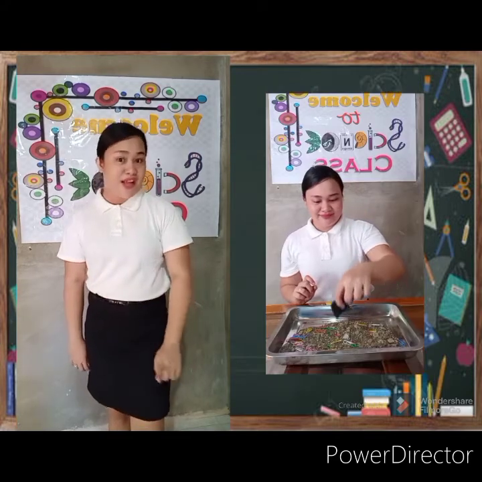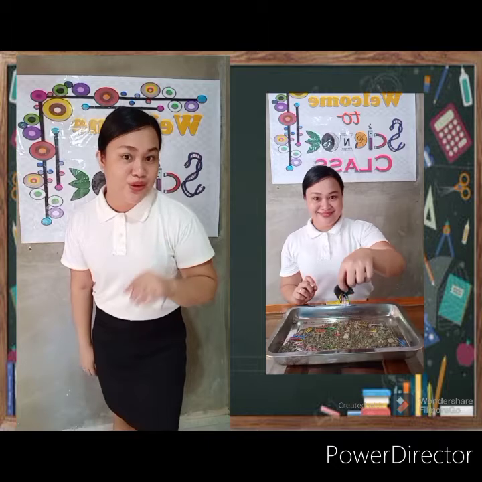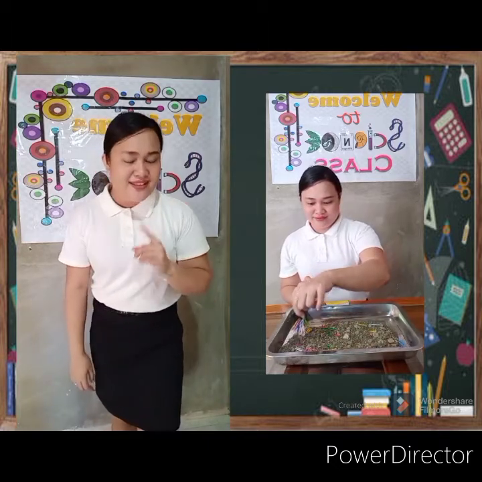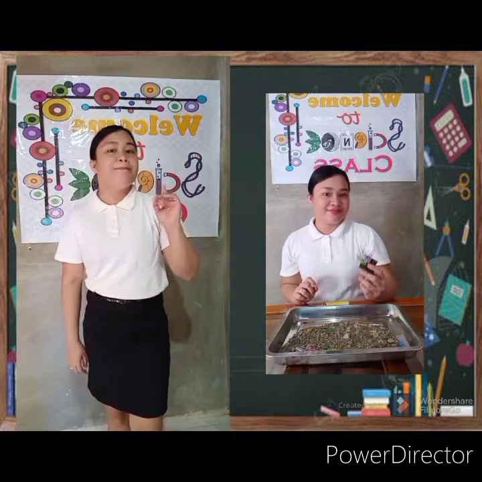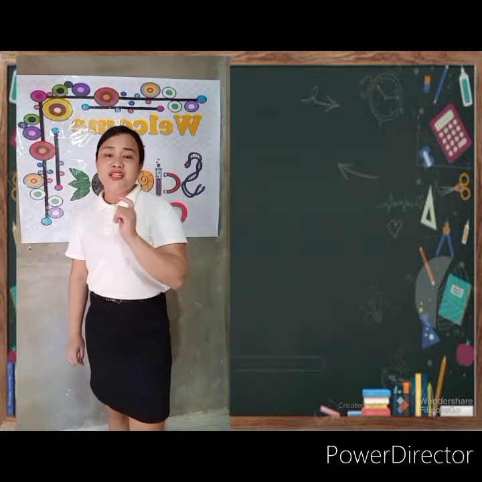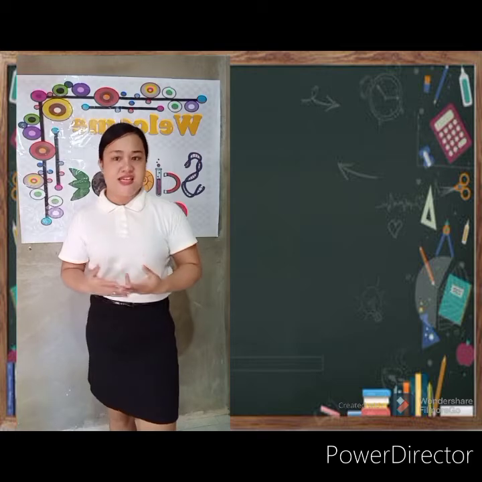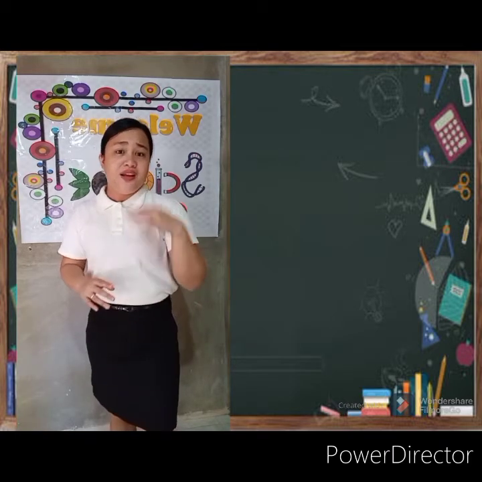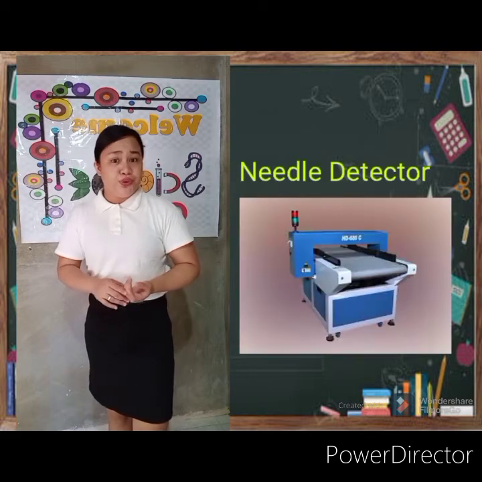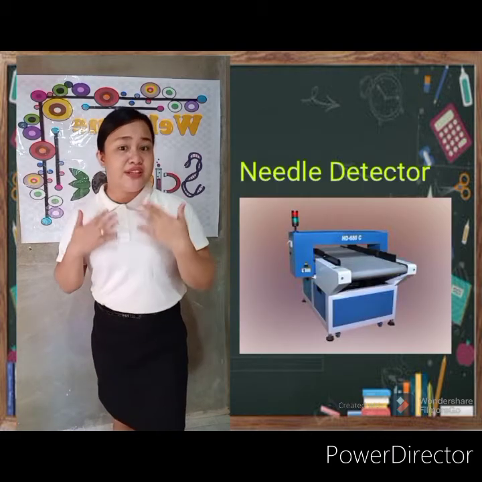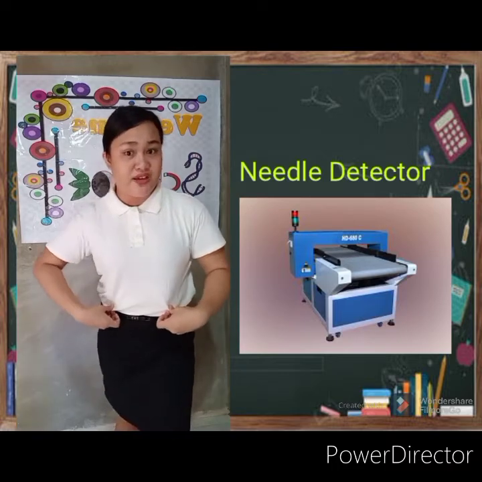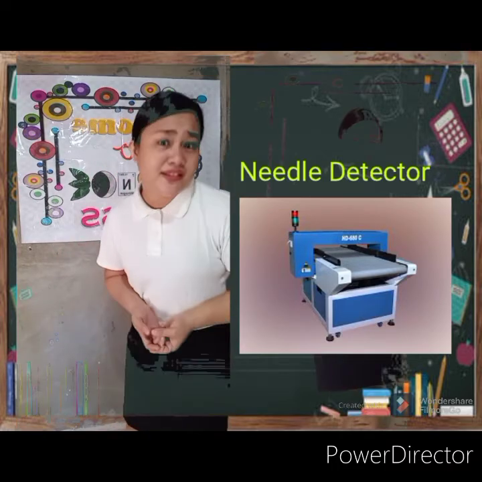Magnetic separation detaches the non-magnetic material, which is the sand, and attracts the magnetic material, which is the paper clips. This process is often seen in a clothing company wherein magnets are used to check if there is any harmful material in our clothing, just like broken needles.